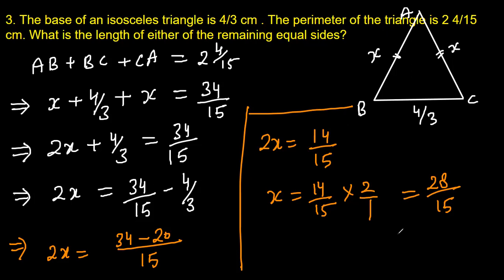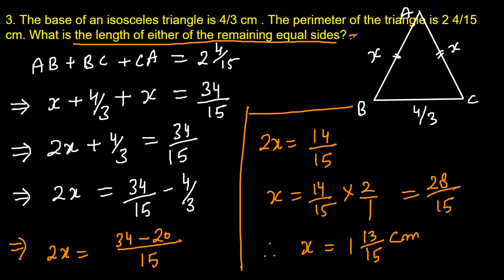And we are talking about centimeters. That means the length of either of the remaining sides. Finally, you can conclude your answer. The length of either of the remaining equal sides is equal to 7 by 15 centimeter. Okay.